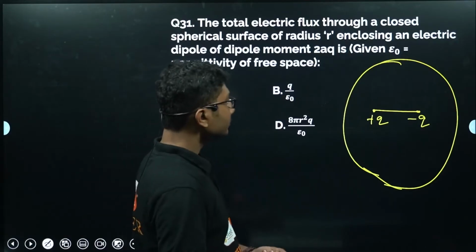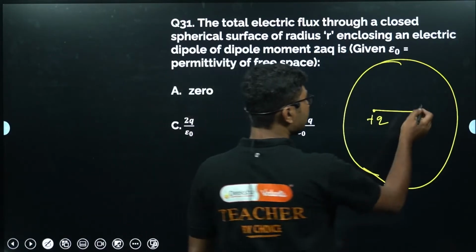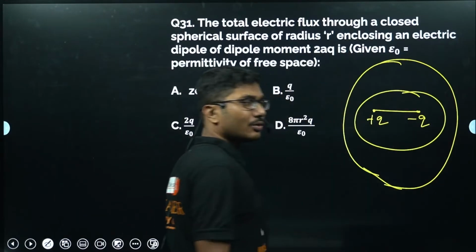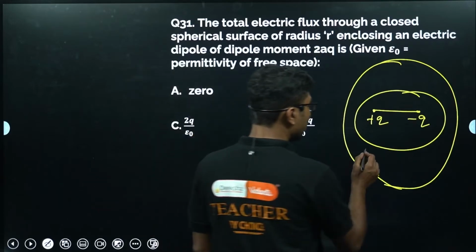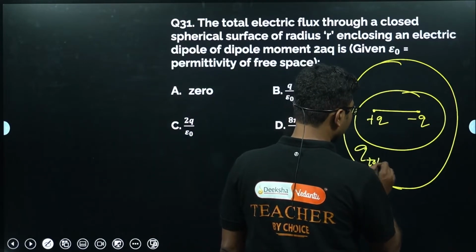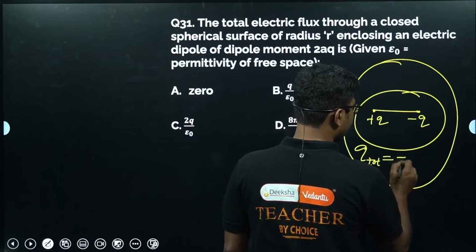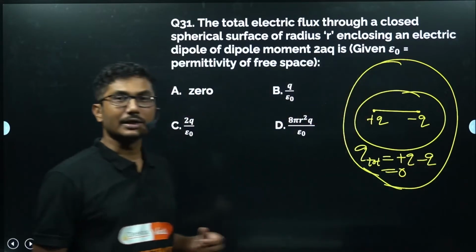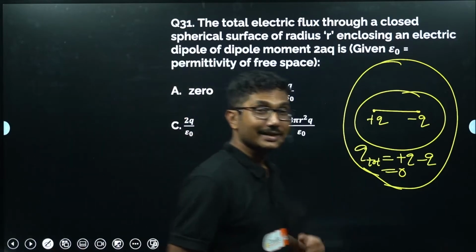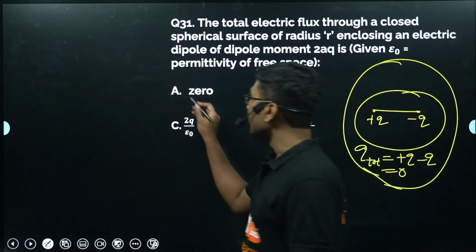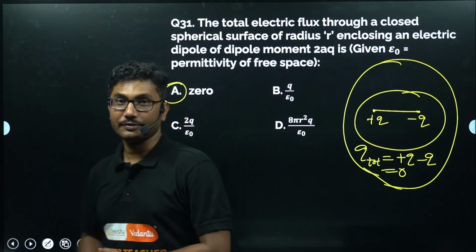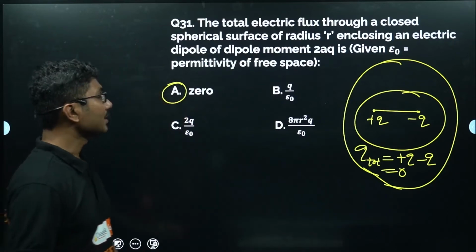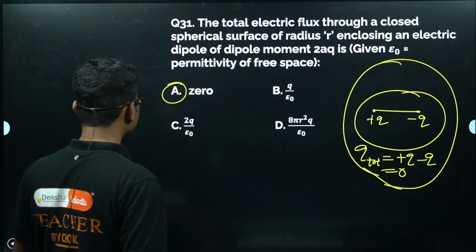What is the total charge enclosed in this case? Q total should be equal to plus Q minus Q, that is 0. So whenever a dipole is enclosed, the total charge enclosed is 0. That means there will be no net flux through the surface. So no net flux through the surface, that is the answer for this question.